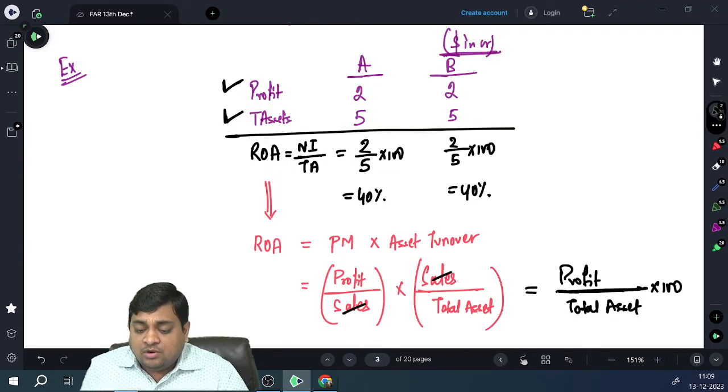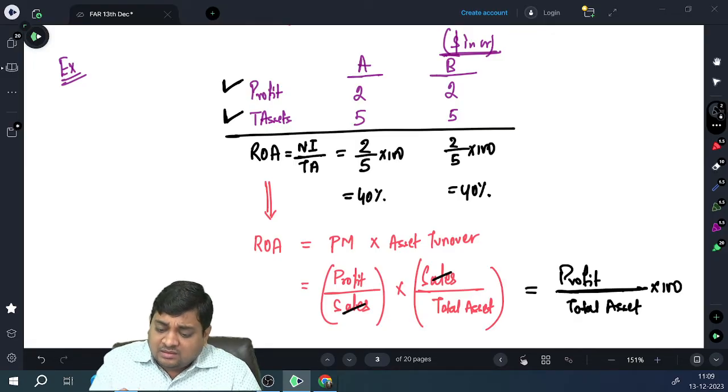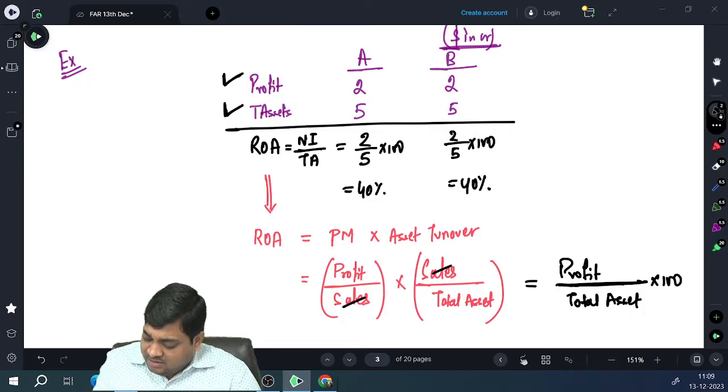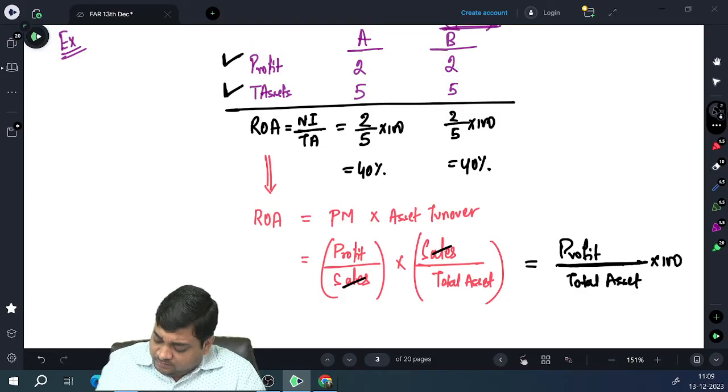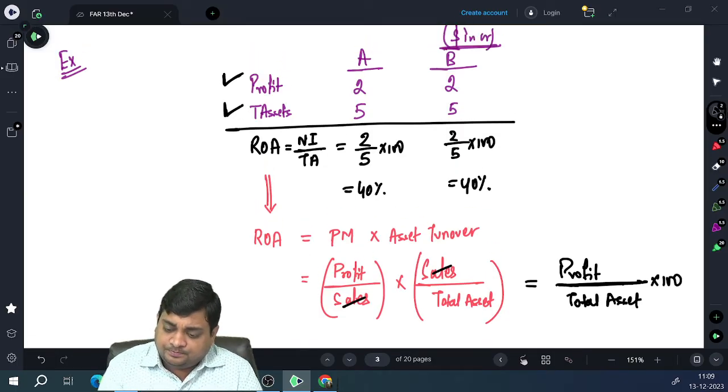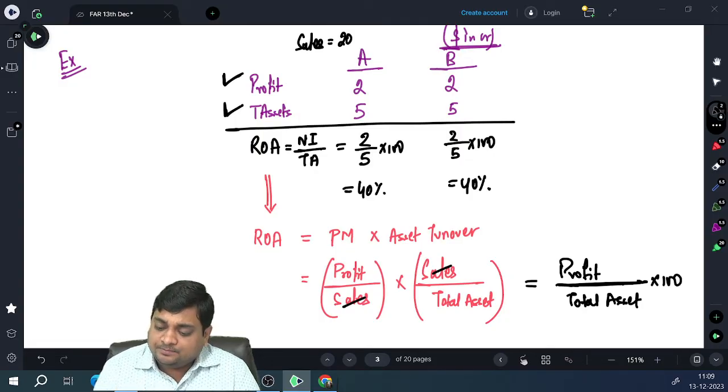Now, what amount of sale has this company done? Company A has done a sale of 20, and B has done a sale of 10.